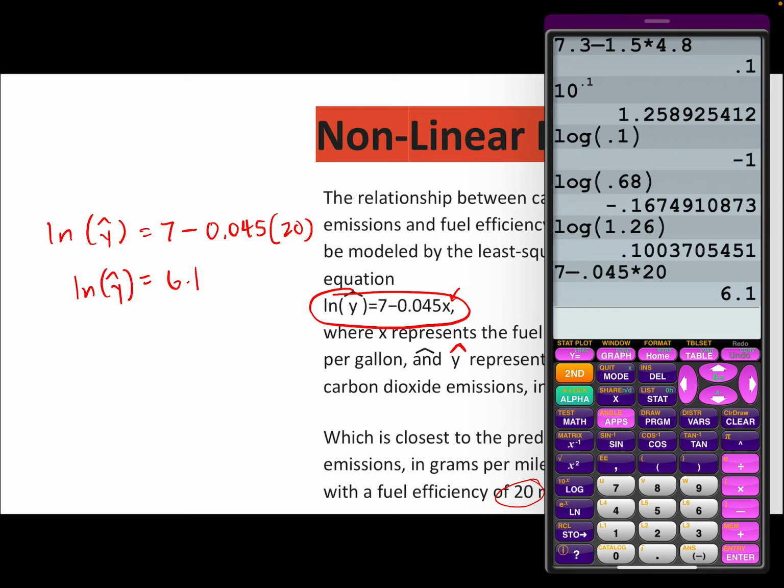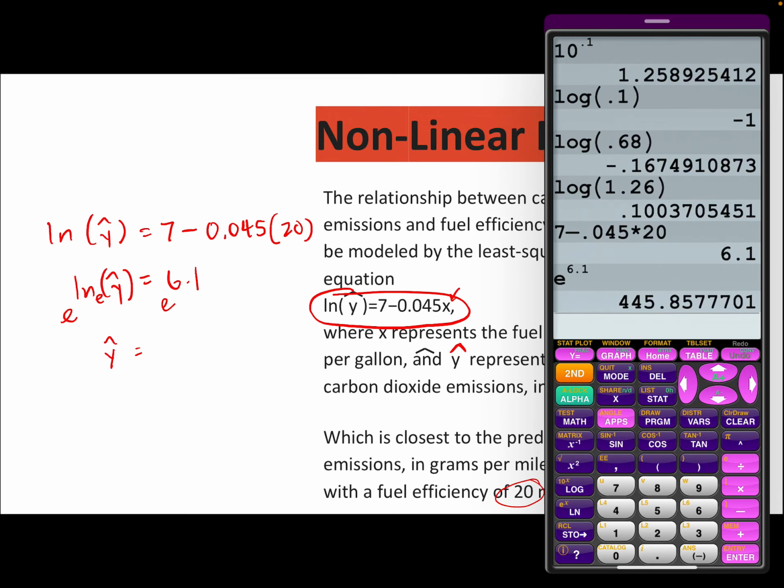And then to actually solve that equation, you have to remember that ln is natural log, and its base is the number e. So to get rid of it, I need to do e to the. That cancels out, so I'm left with just y. And then e is found by doing second ln on your calculator. So e to the 6.1 gives me my answer. So 445.8, or 446 if I round it.